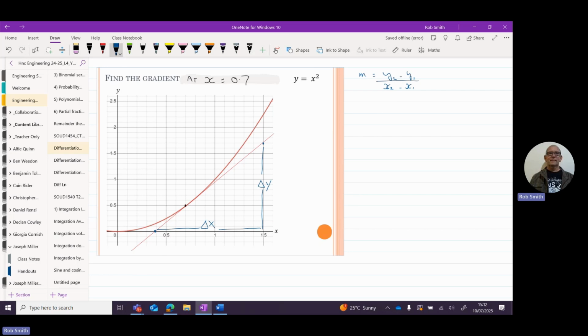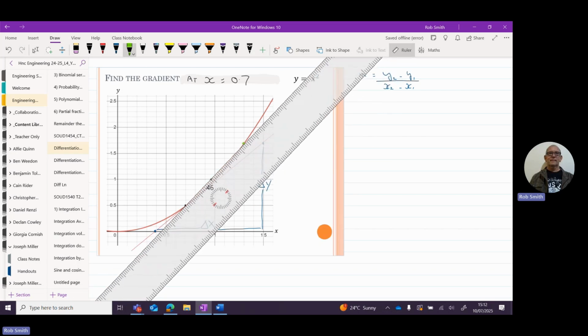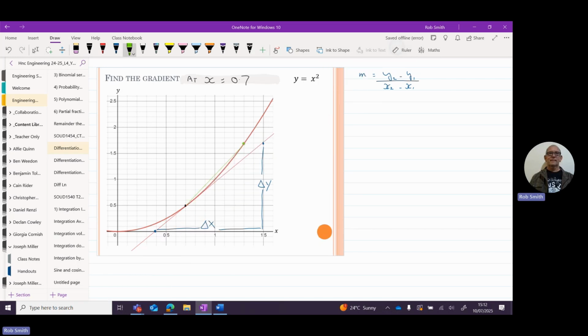So I'm going to put an estimate for the gradient here. I'm going to use that point because I know the coordinates at that point. So if I make my estimate here and draw that line there, you can see it's not quite right, but it's an estimate.